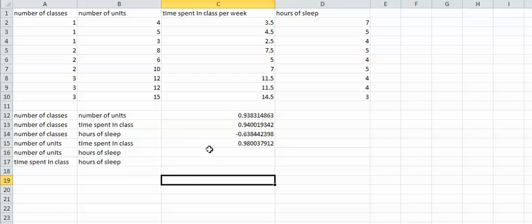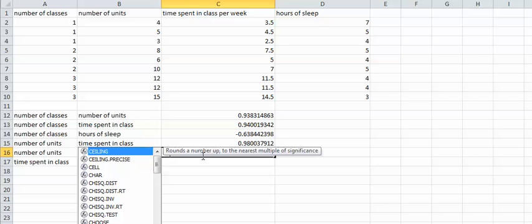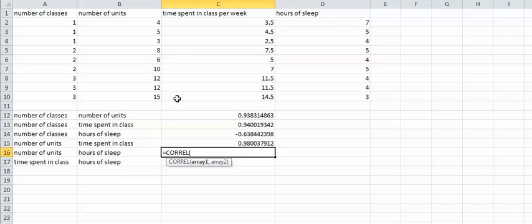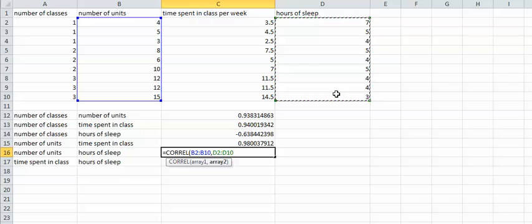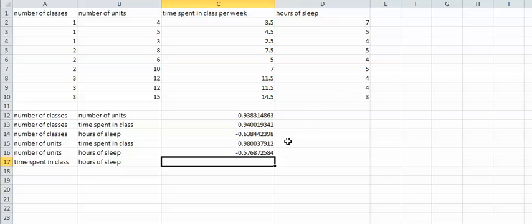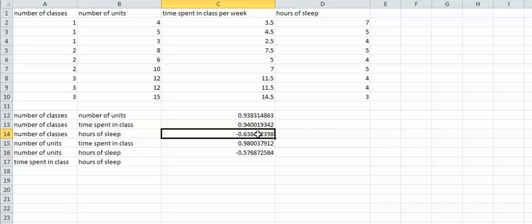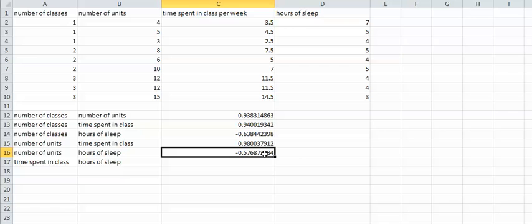Try again. So it's units and sleep. It's a negative 0.57. So this is a weaker negative correlation than this one is because 0.57 is a smaller number than 0.63.